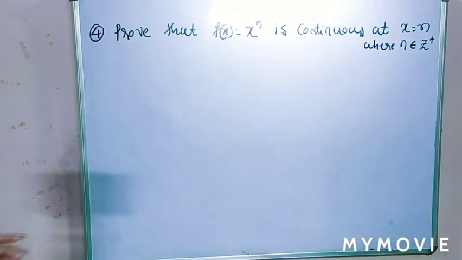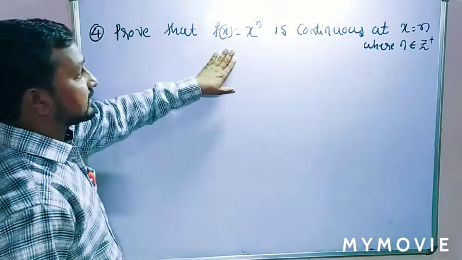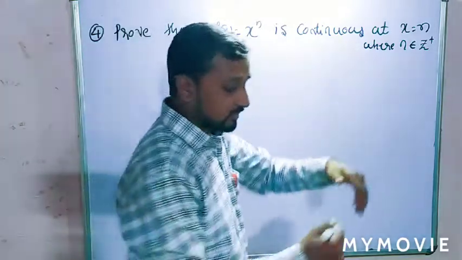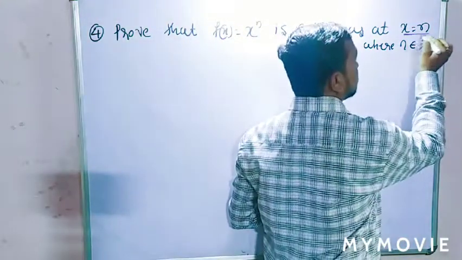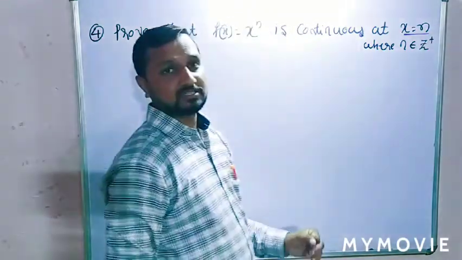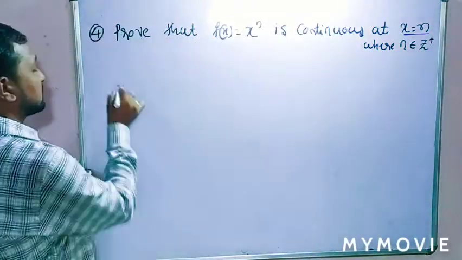Okay. So here also prove that f of x equals x raised to n is continuous at the particular point x equal to n, where n is a positive integer, Z plus is nothing but positive integers. So this is also the same procedure, students.